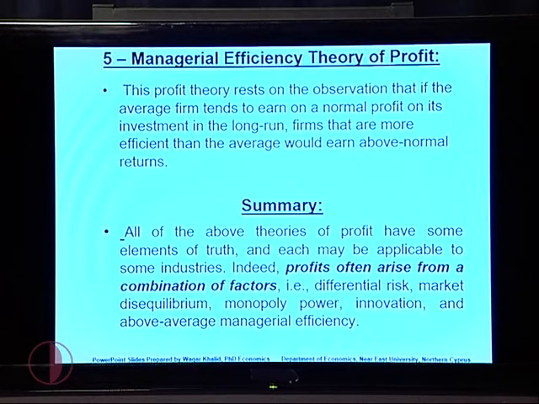The fifth and the last theory is the managerial efficiency theory of profit. This profit theory rests on the observation that if the average firm tends to earn a normal profit on an investment in the long run, firms that are more efficient than the average would earn above normal returns. The basic observation of this theory is that firms do investment for the purpose of earning profit in the long run.